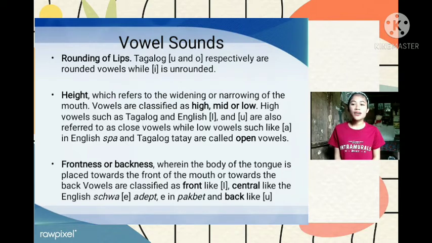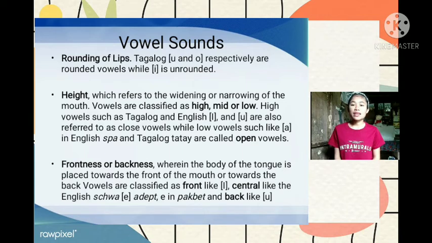Vowels are classified as high, mid, or low. High vowels such as Tagalog and English i and u are also referred to as closed vowels, while low vowels such as a in English spa and Tagalog tatay are called open vowels.